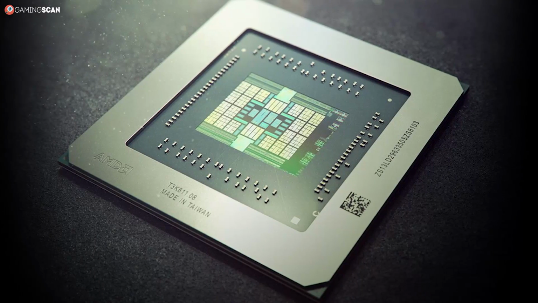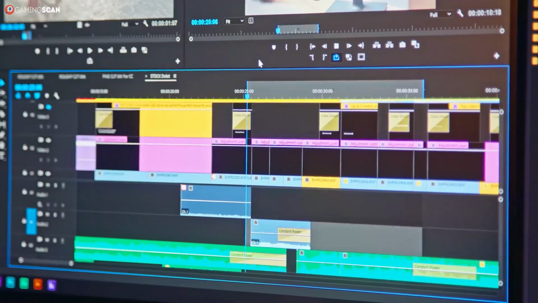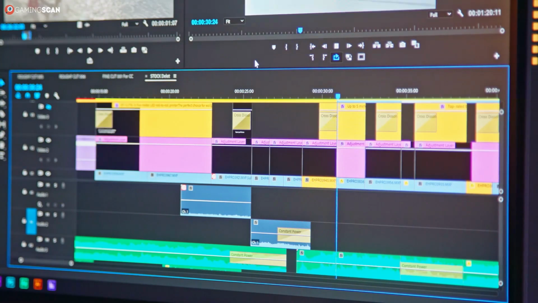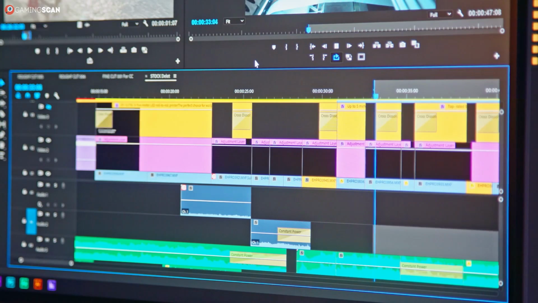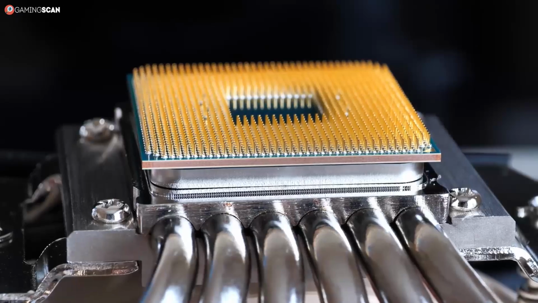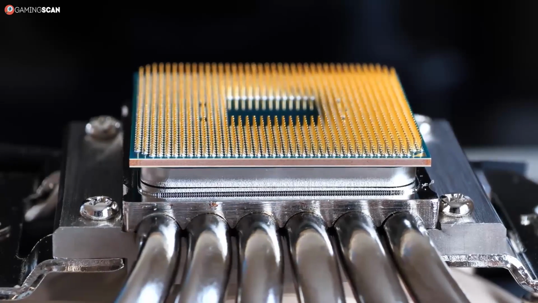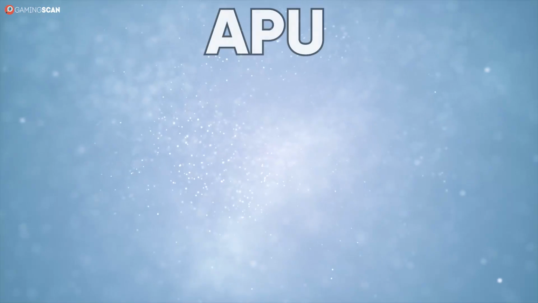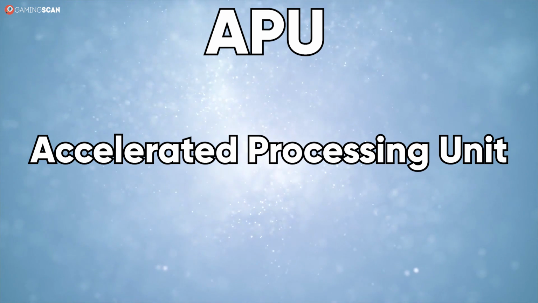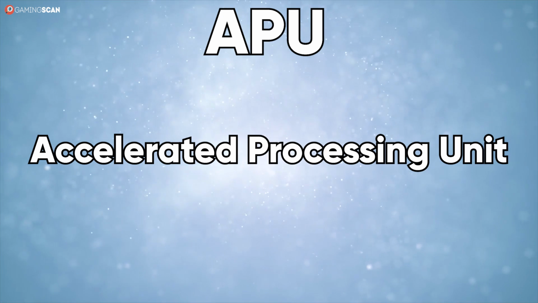Lastly, we should mention APUs. We've made a whole video where we discussed the differences between GPUs, CPUs, and APUs in depth, so you should refer to the link in the description if you'd like a more comprehensive explanation. But basically, APUs are CPUs with integrated graphics made by AMD. The acronym stands for Accelerated Processing Unit, but really it's more of a marketing tool than anything else.